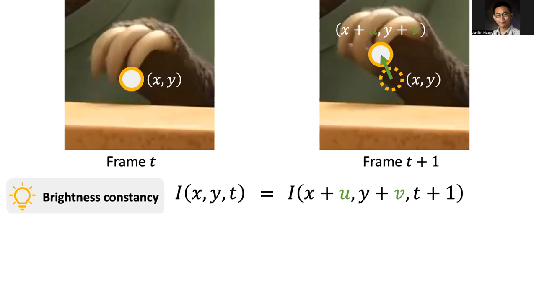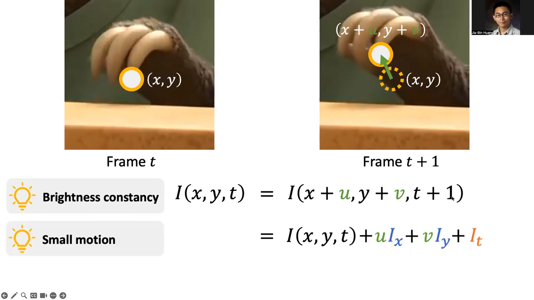Taylor expansion, right? If the u and v are small, then you can approximate this guy into this guy, right? So it's the same thing, right? If I'm at this location, then you have three gradients right now, right? You have the x gradient, y gradient, and time direction gradient, okay? So you have the x derivative, y derivative, and t derivative, the time derivative. That is the next frame minus the current frame.